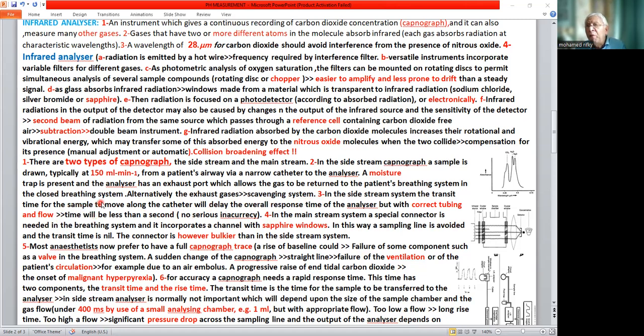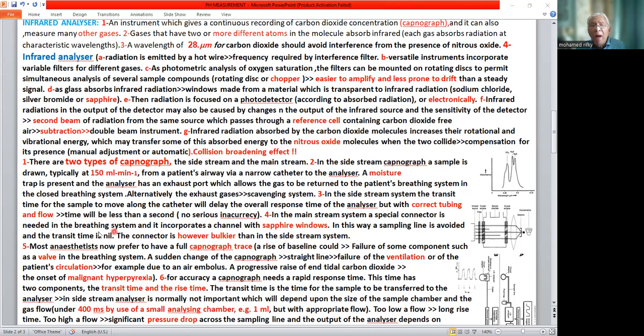The time taken for the sample to go to the analyzer we call the transit time. Whenever I have correct tubing and a proper flow, it makes a very minimal difference in accuracy.